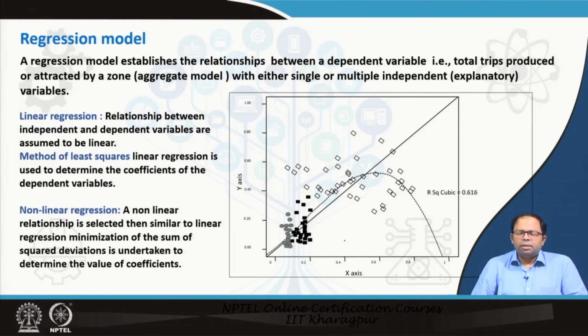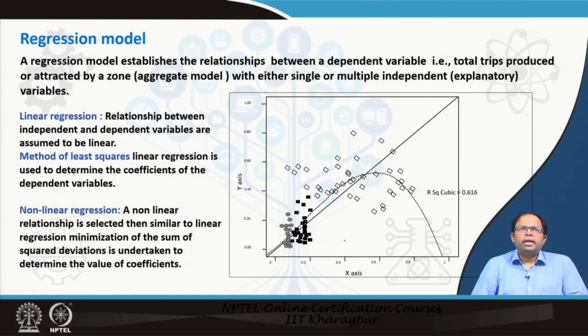Here the dependent variable is either the total number of trips produced or attracted to a zone, if we use an aggregated approach, whereas it could also be the total number of trips produced by a particular household category, which could also be predicted using a regression model.